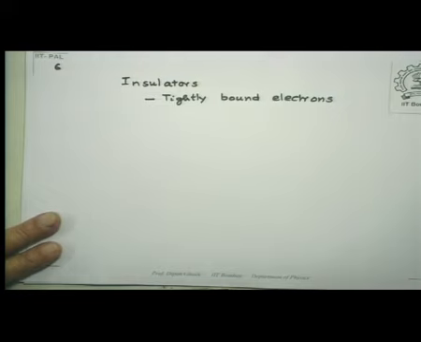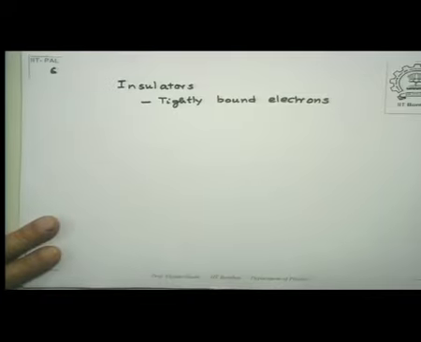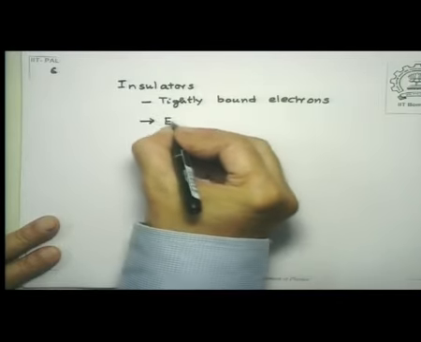Unlike in the case of a conductor, where we have said that under static condition there cannot be an electric field inside a conductor, in the case of insulators a different distribution of charges occurs, and the electric field inside need not be 0.